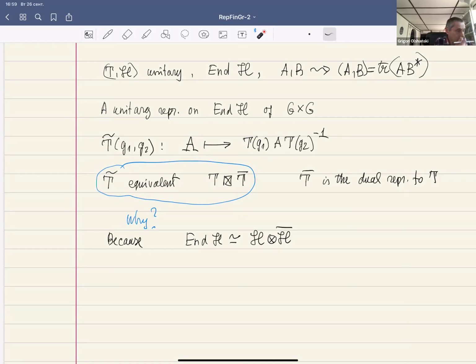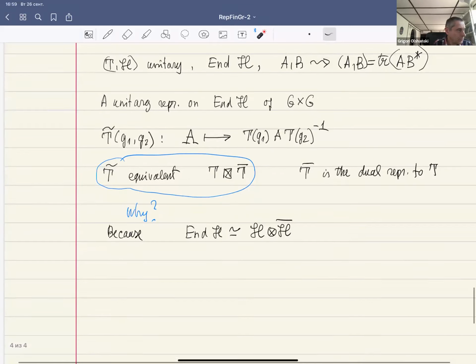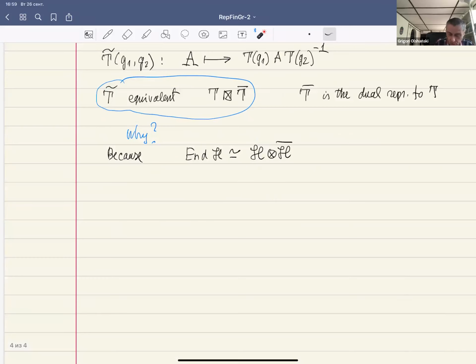And well, what next? I want to introduce one definition, namely, if you have some xi from our space H and some vector eta from the dual space, again identified actually with the initial space, let me assign to it an operator.